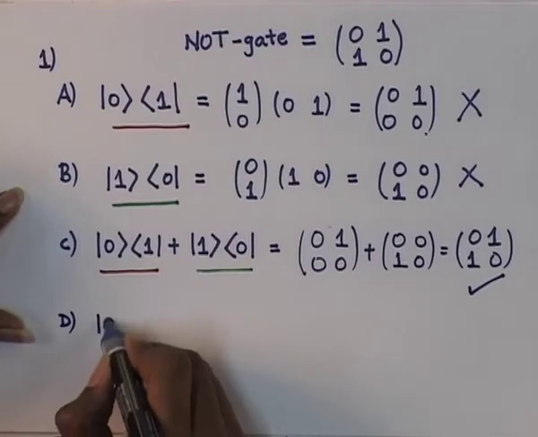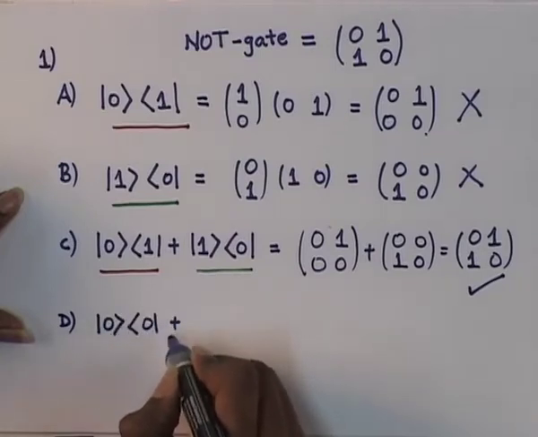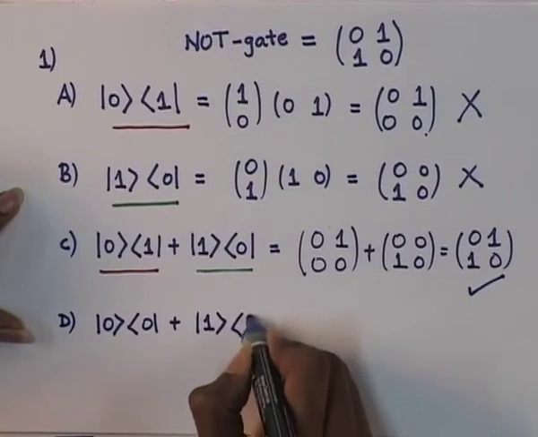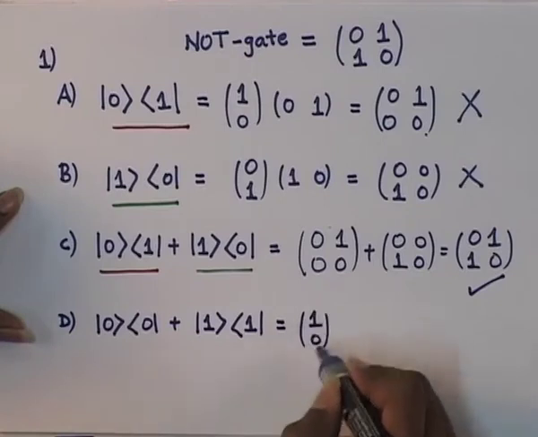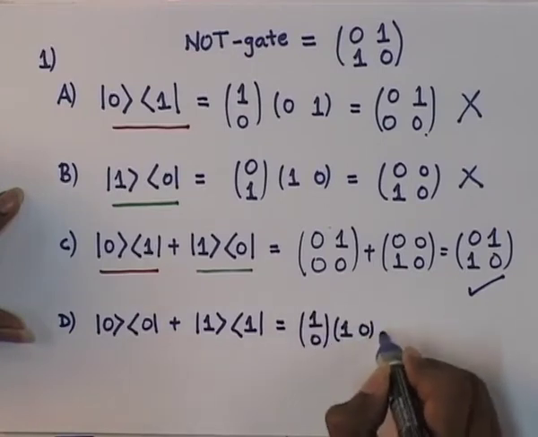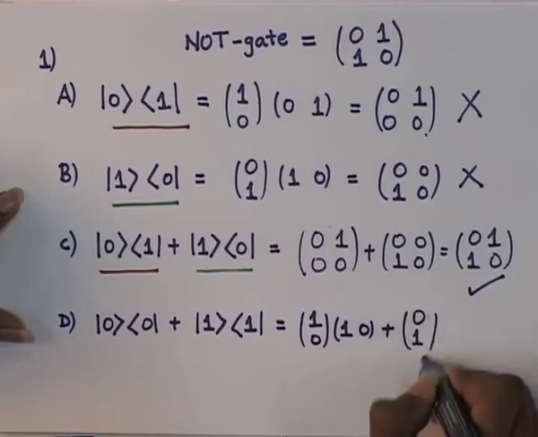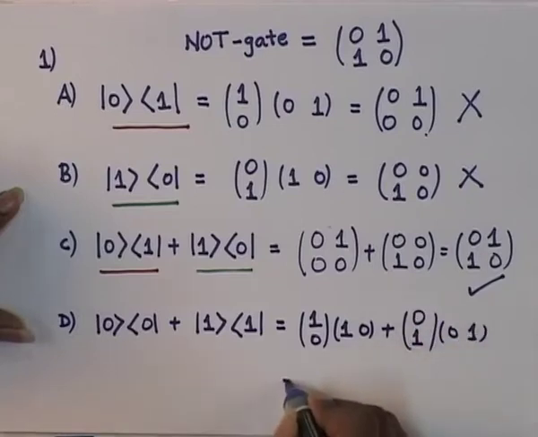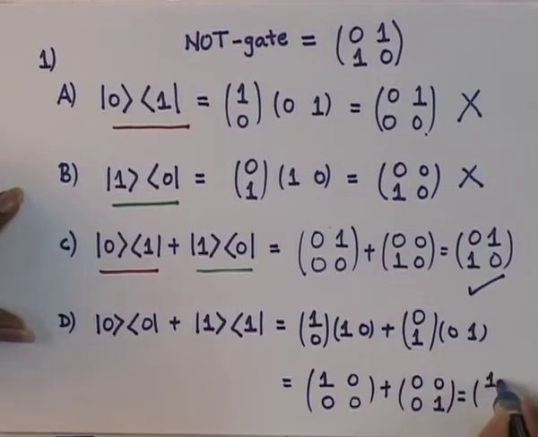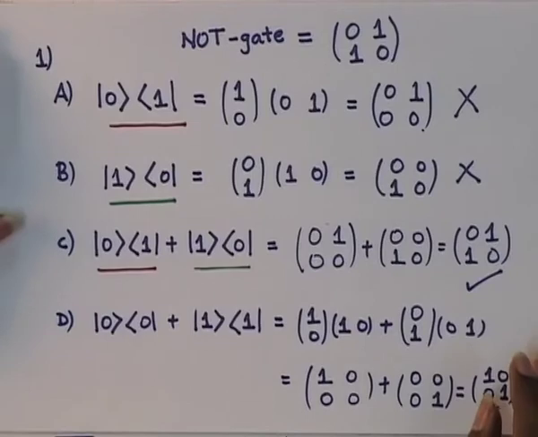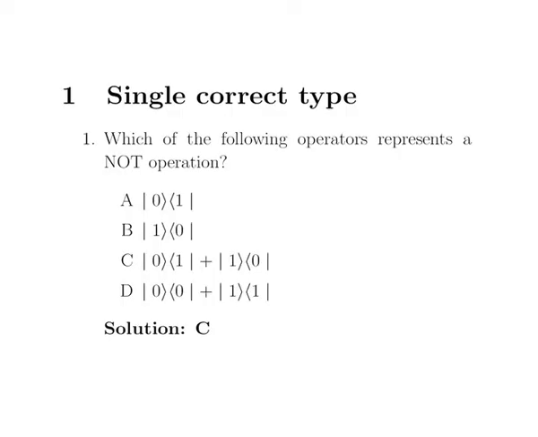Option D. It is |0><0| plus |1><1|, which is equal to (1, 0; 0, 0) plus (0, 0; 0, 1), which is equal to (1, 0; 0, 1), which is not correct. So the correct answer for this question is option C, which is equal to NOT gate.